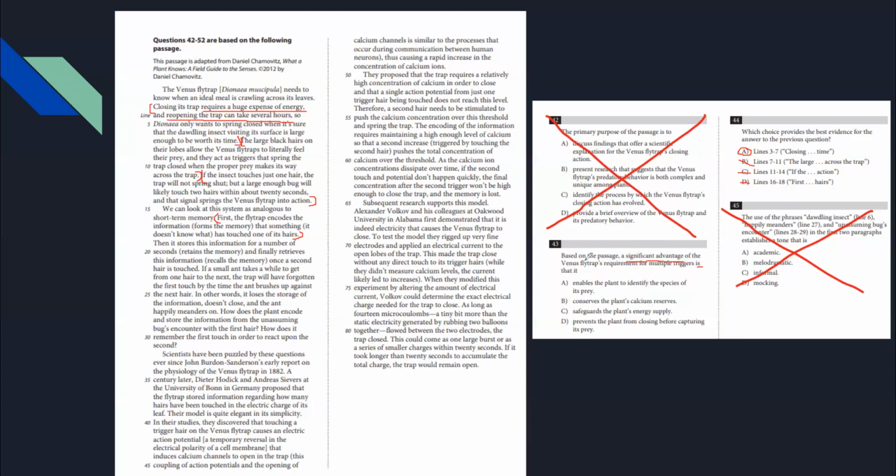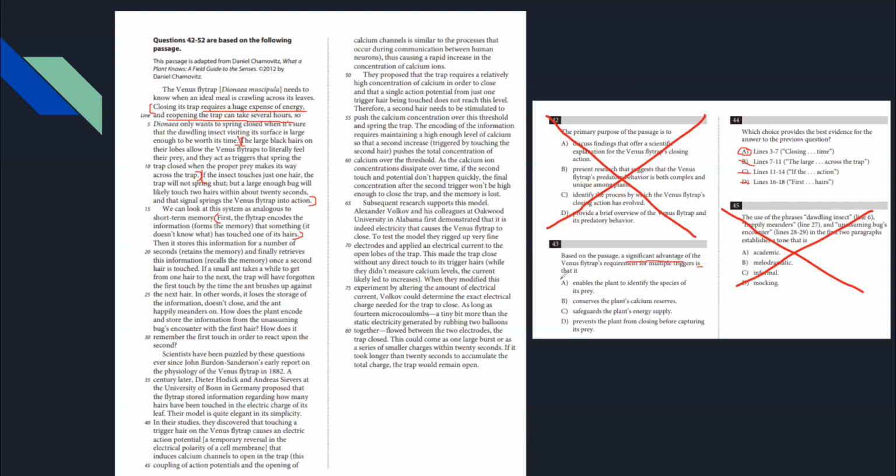So let's read the question for 43 again. Based on the passage, a significant advantage of the Venus flytrap's requirement for multiple triggers is that it, so again, requires a huge expense of energy, and reopening the trap can take hours. So then it only wants to spring closed when it's sure that the dwelling insect is large enough to be worth its time.